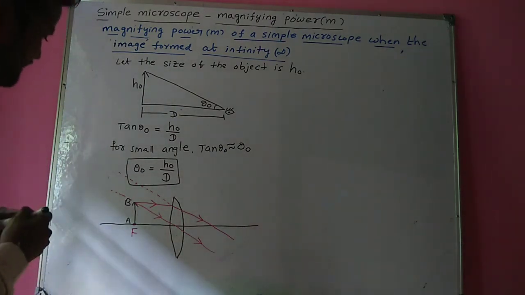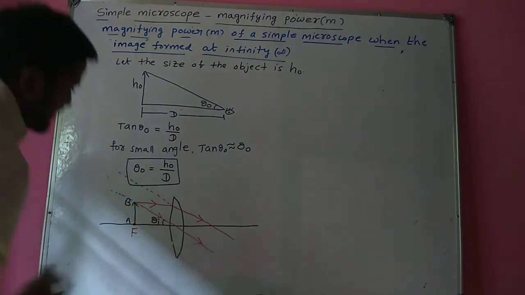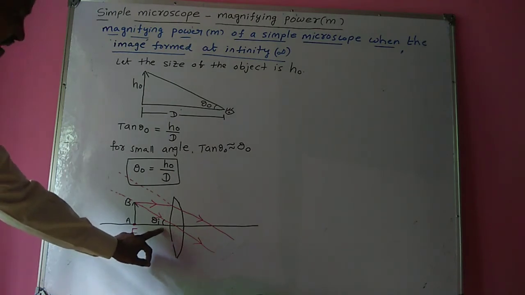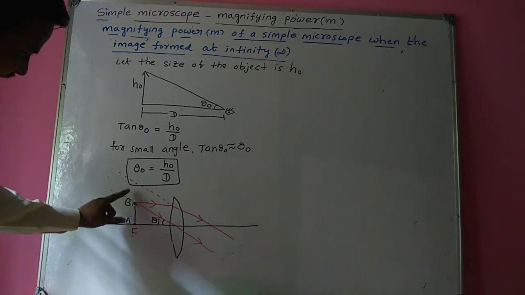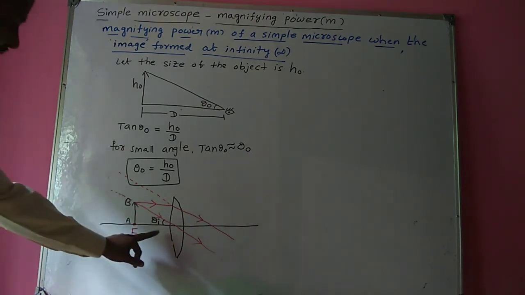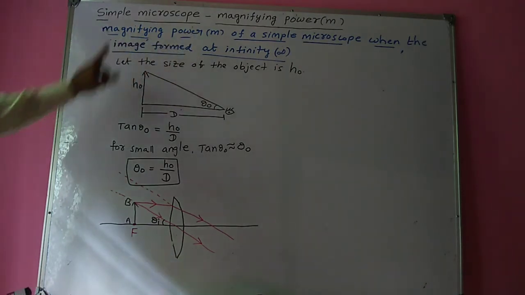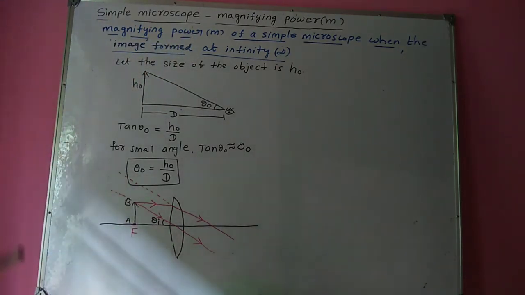Now let us consider this is theta I, the angle made by the image. Here, if you observe, theta I appears like the angle made by the object, but theta I is the angle made by the image, because the image is formed at infinity, which we consider somewhere here.